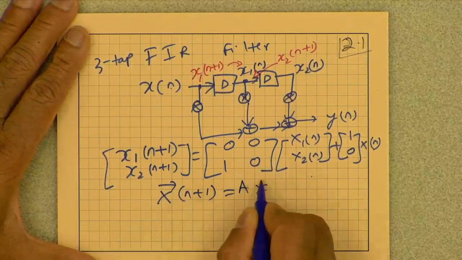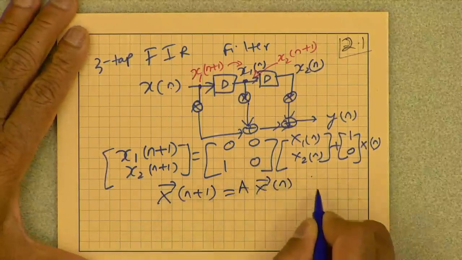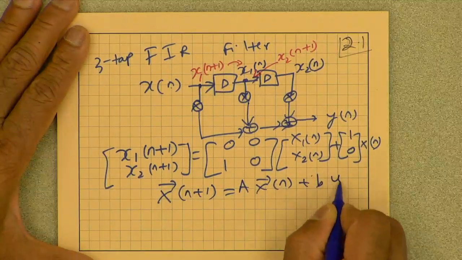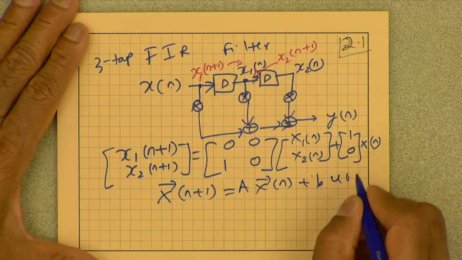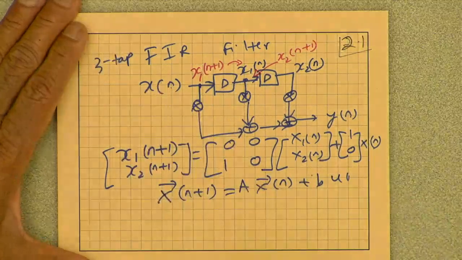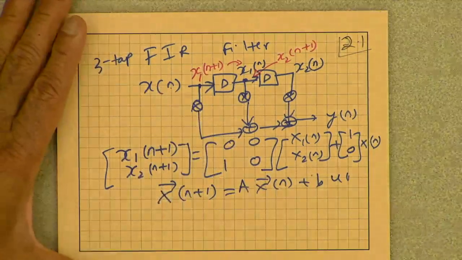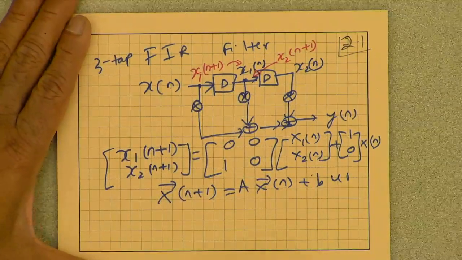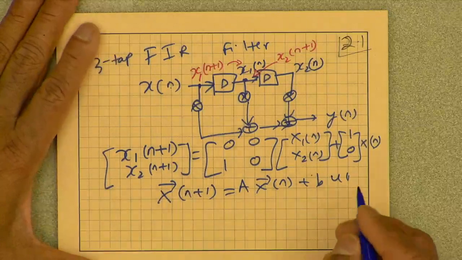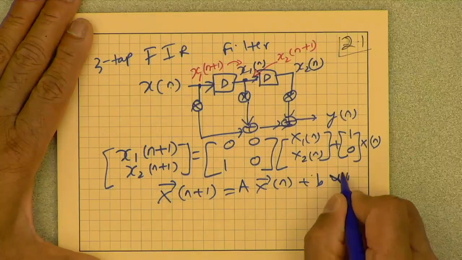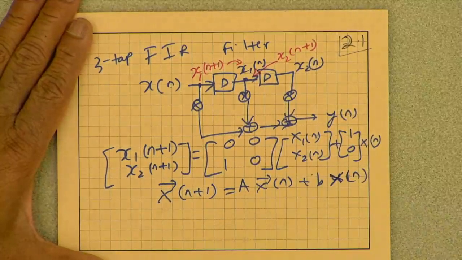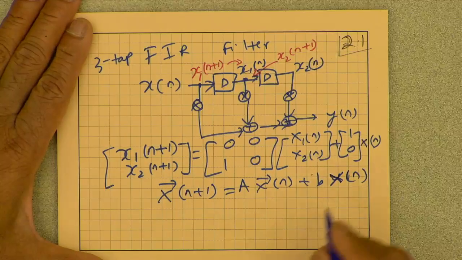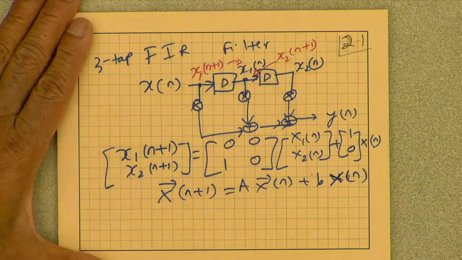So this is in the form of the state vector x at time n plus 1 is the transition matrix A times the state vector at time n plus some b times the input. Usually I could write this input as u, which probably I should do. I think u is usually the unit step, but that's not the case here. Anyway, let's continue with xn, since at least I'm not using x for anything else, and these are x1, x2.